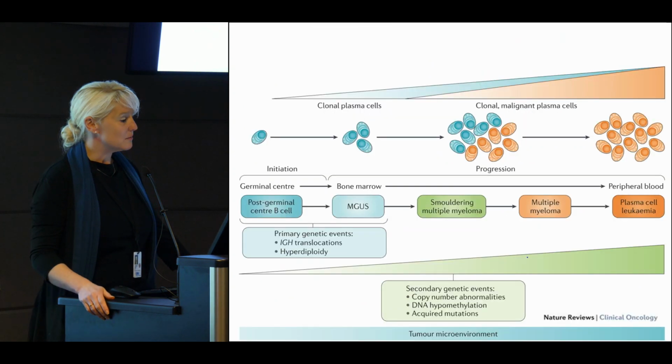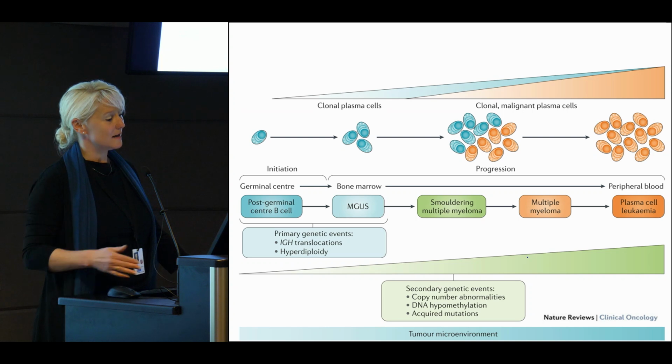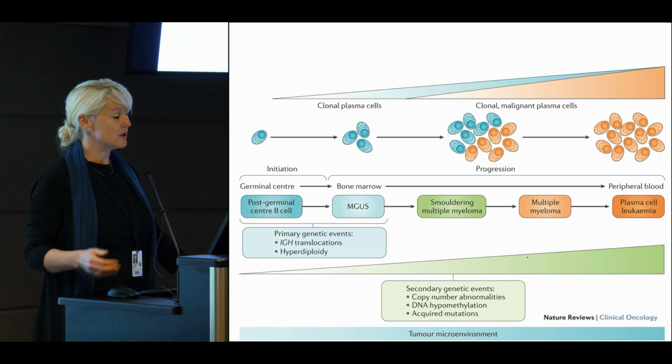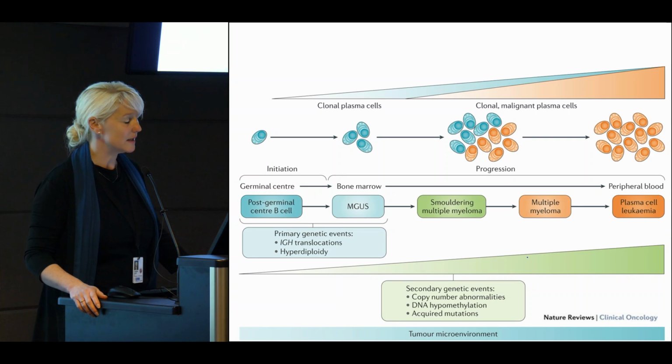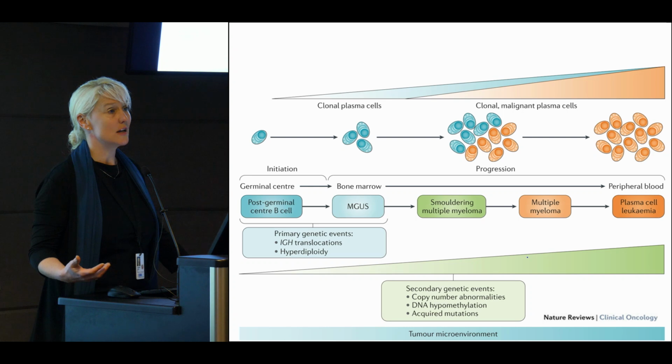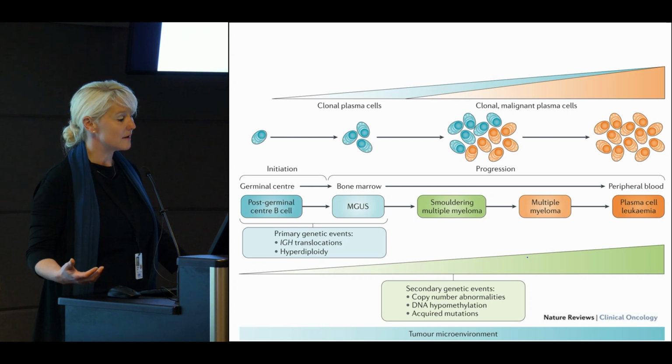So multiple myeloma is a multi-step development. But at the core of it, there's a primary genetic event, either an IgH translocation or hyperdiploidy, and this initiates the uncontrolled growth of cells.